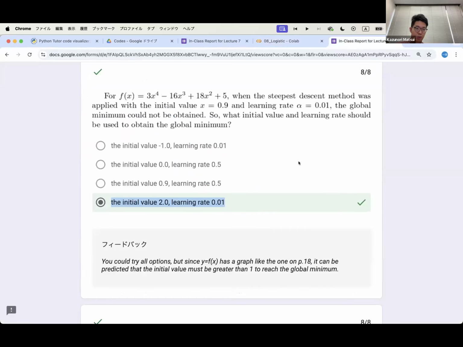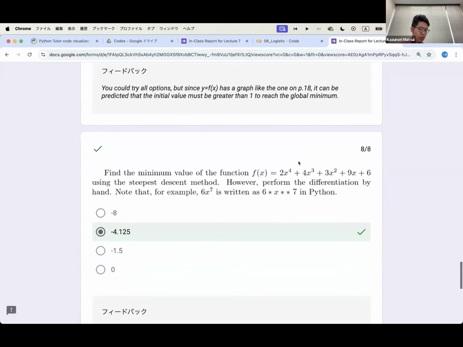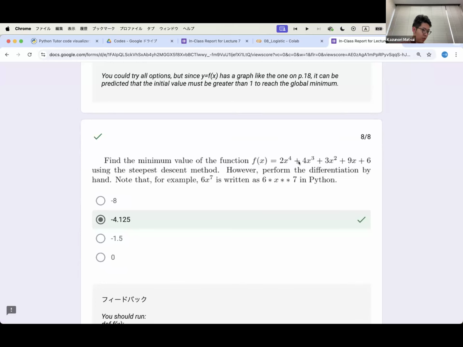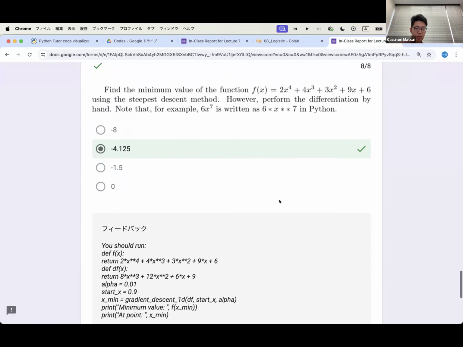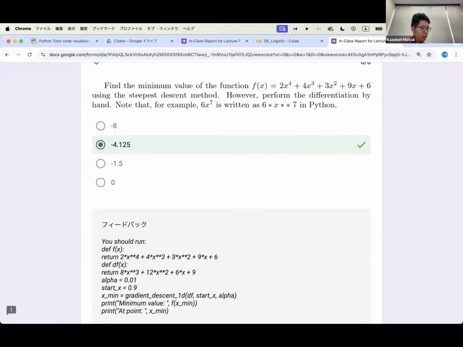Okay, next problem. Find the minimum value of the function f(x) = x^4 + 4x^3 + 3x^2 + 9x + 6 using the steepest descent method. Since we need to implement the derivative ourselves, okay, let's execute.